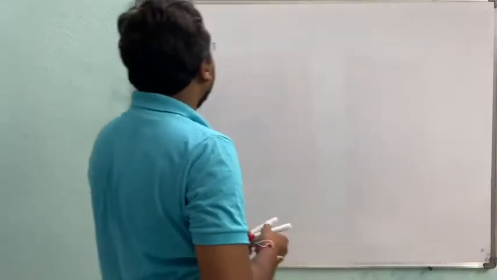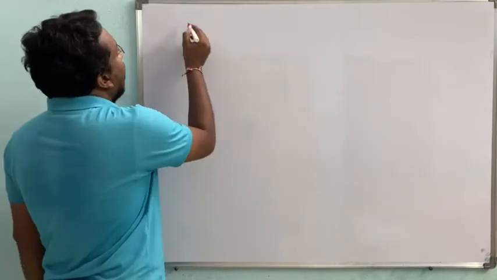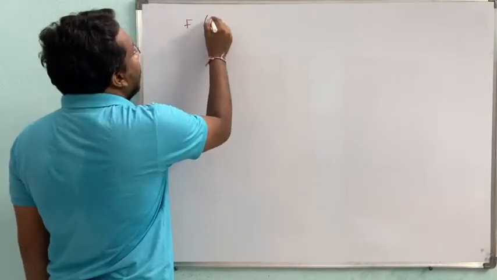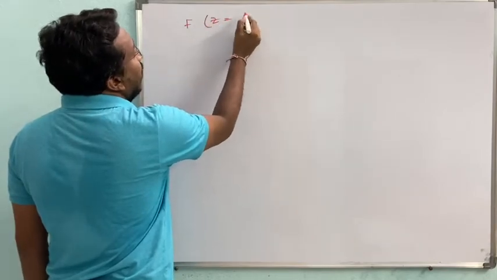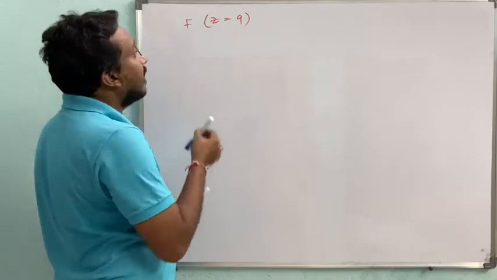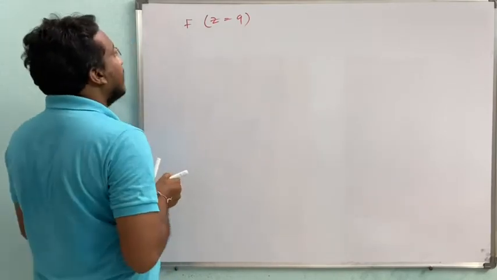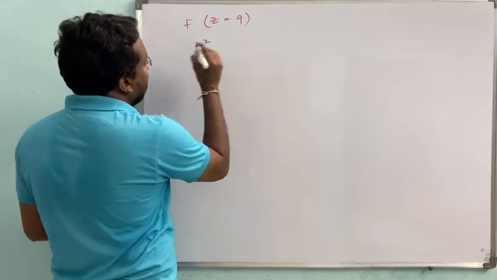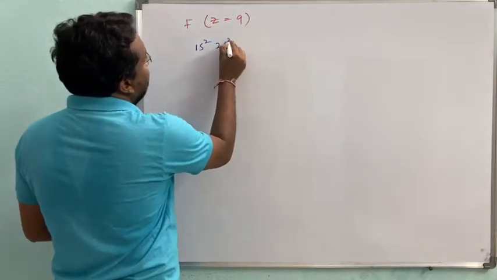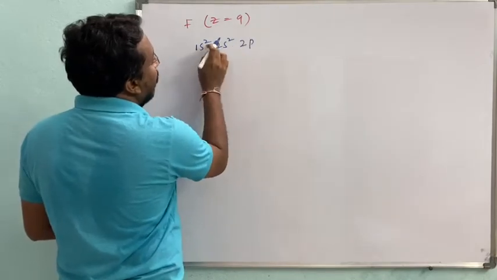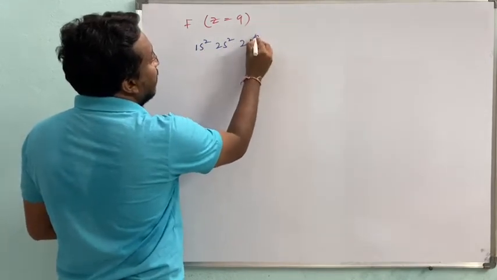Next, fluorine. Its atomic number is 9. Got it? Then the electronic configuration is, 9 now, 1s2, 2s2, 2p, 2 plus 2 is 4, next one is 5.